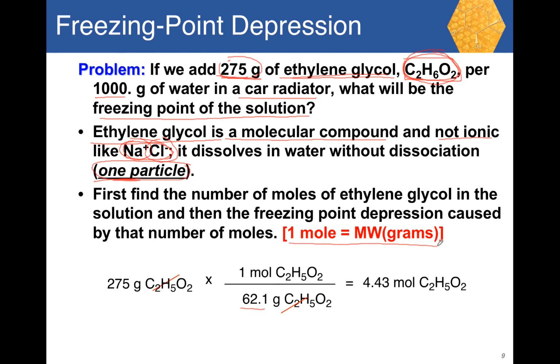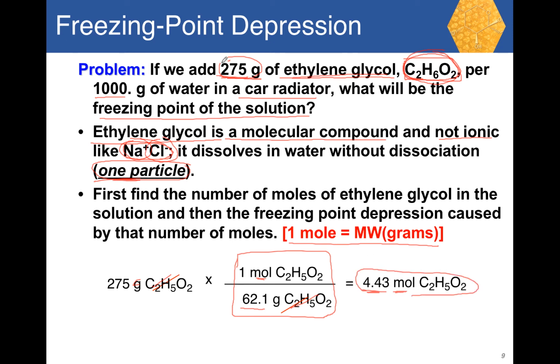Here's your conversion unit to convert grams to moles. So we use this here as our factor, set this up so that this cancels here, and we end up with moles. So after you do the math here, you have 4.43 moles of ethylene glycol.